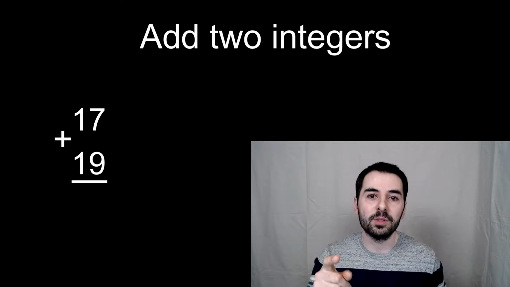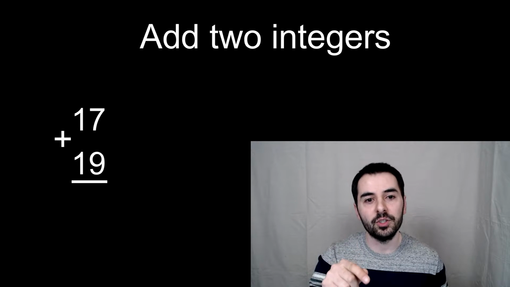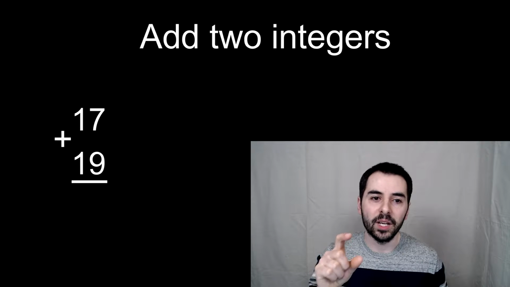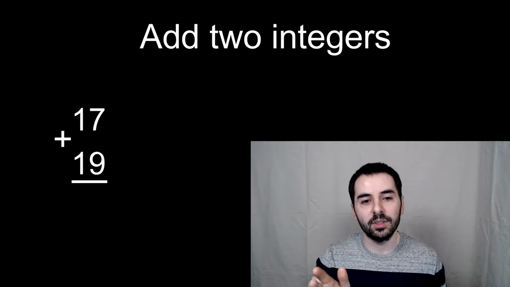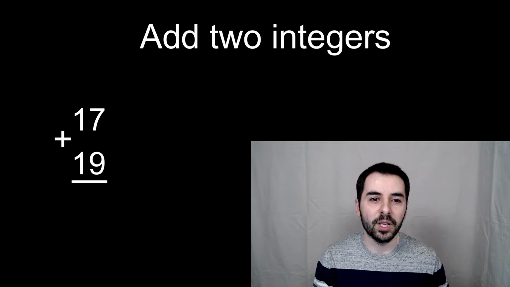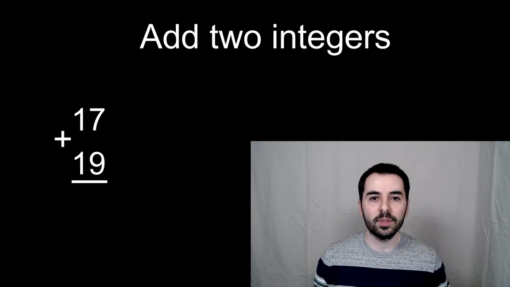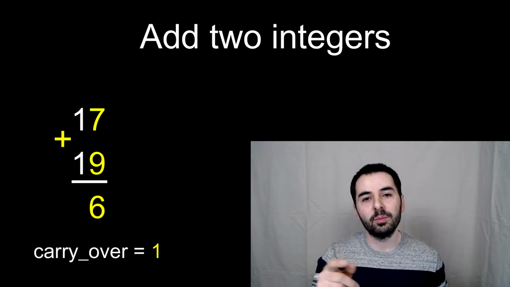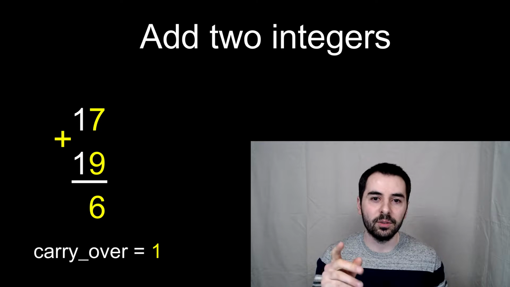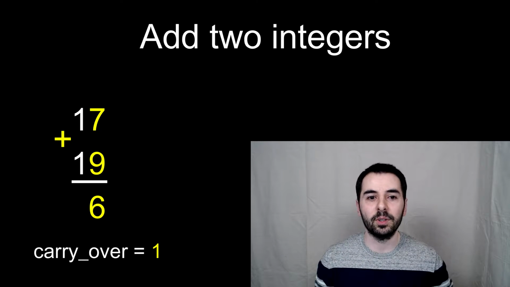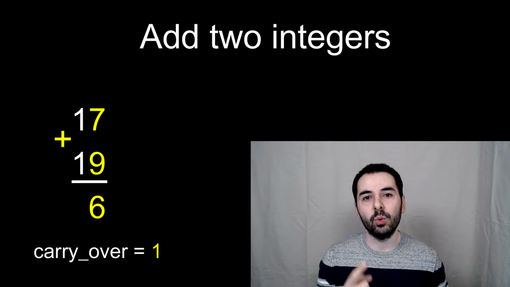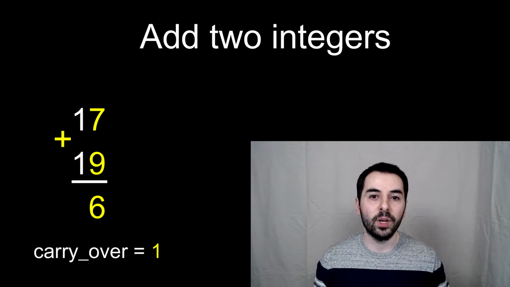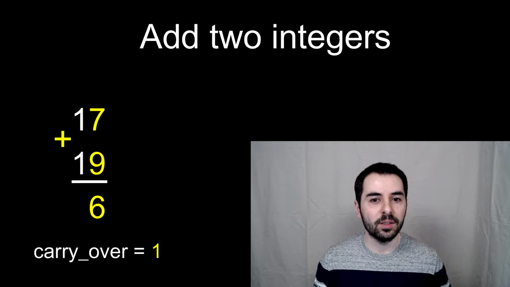And then if the sum of these two digits is greater than the base of the numeral system we're using, let's say in the standard base 10 system, we have 17 plus 19. So if we add 7 plus 9, it's 16. So we cannot write 16 under it. We have to have only one digit. So we need to remember the 1 to carry over to the next position. So that's one example where we need to store this 1 in some place.